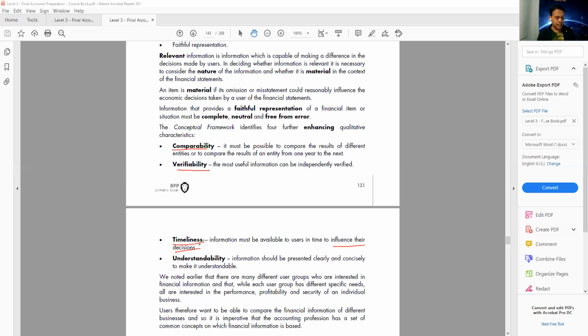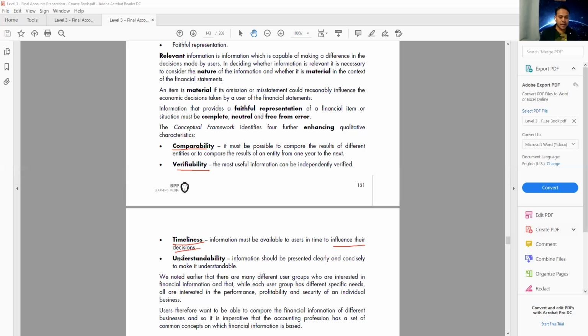This year the company decided to pay a dividend of only 5%. If this is the case, then the investor will think, okay, so why didn't you tell us before? If I had known that, I wouldn't have invested all the money in your company. So the information should be available to everyone before they take their decision. So you don't give any information after the decision has been made.